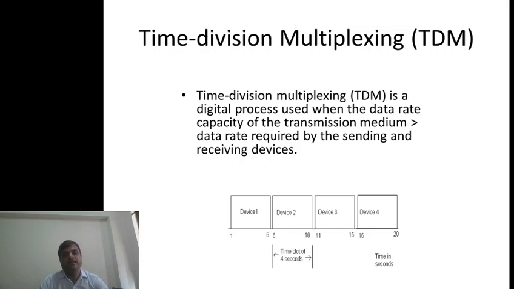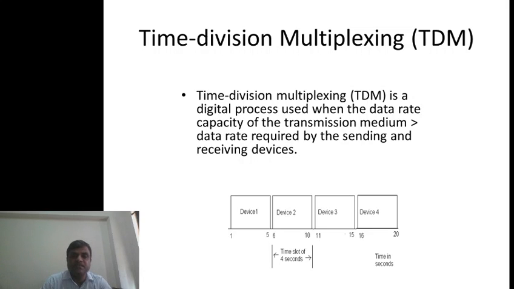See this diagram of time division multiplexing, a digital process used when the data rate capacity of the transmission medium is greater than the data required by the sending and receiving devices.